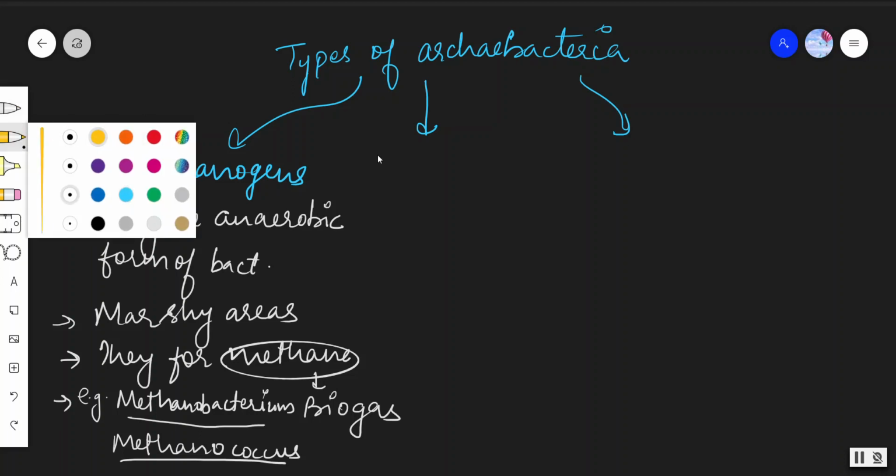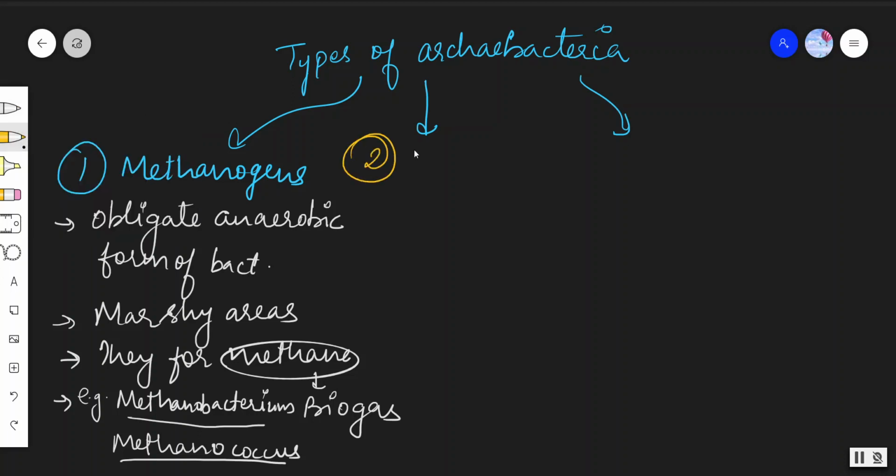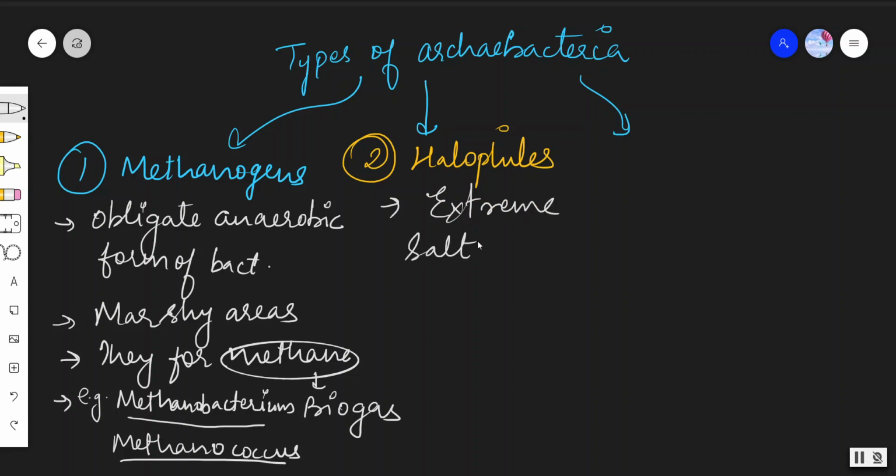Okay, so number two is halophiles. Halophiles are also present in extreme salt conditions. Clear?